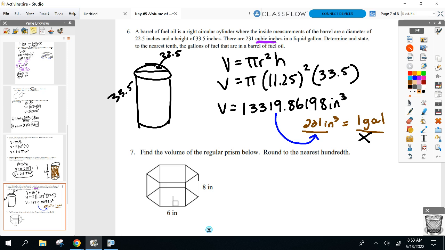So now as you cross multiply, hopefully it becomes obvious that you don't multiply by 231, but you have to divide by 231. Because you'll have 231x times the volume times 1. And the only way to get x by itself is to divide both sides by 231. So write a proportion if you're ever confused. Write the conversion, make a proportion out of it, then put your volume underneath the other volume.